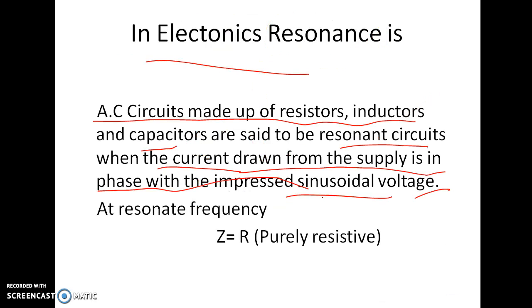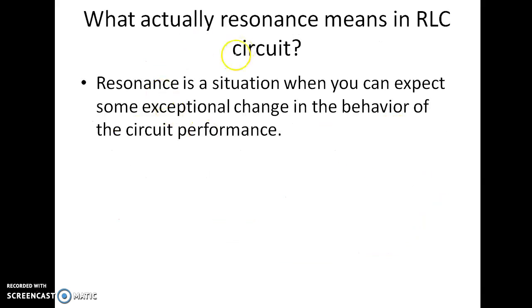And one more thing. Just now I told you at resonant frequency Z equals R, that is, purely resistive. And just as you know, in resonance the natural frequency matches with the external frequency. If you interpret it in such a way, resonance is a situation when some exceptional things happen.